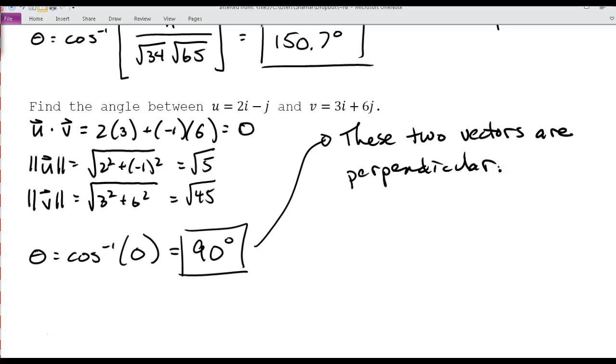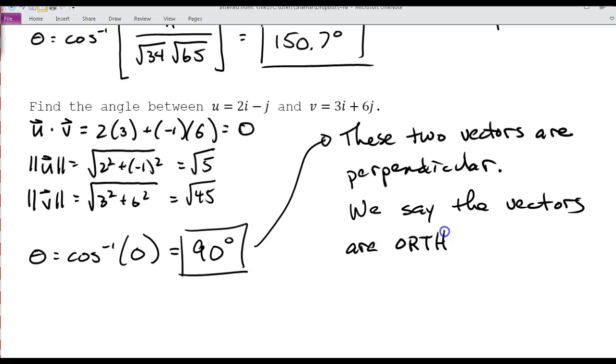All right, and this is an important concept that we have, and we're going to have a word for this perpendicular. When two vectors are perpendicular, we say the vectors are orthogonal. Okay, so here's another vocabulary word.